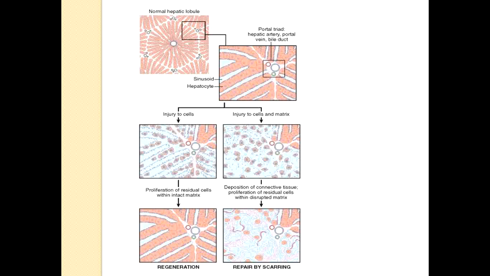However, in case of intact matrix, the tissue will be regenerated as a whole. So you can understand how important the matrix is for a tissue either to regenerate or to give rise to a fibrous tissue.